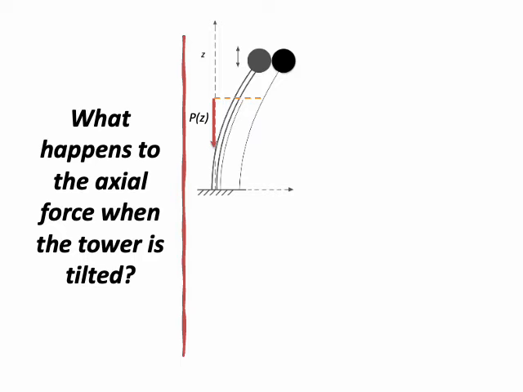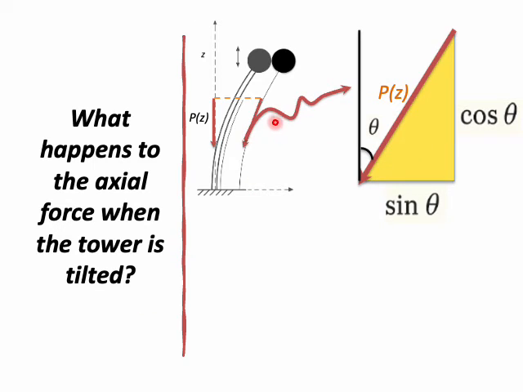After a small tilt of theta, this force is along the tilted center line of the beam and is no longer vertical downward. Let's zoom in and show this small segment by this cartoon.